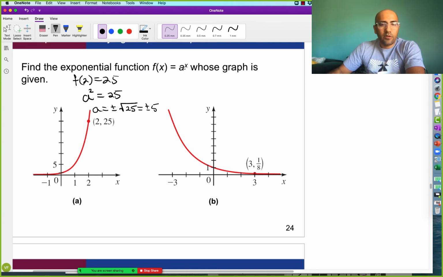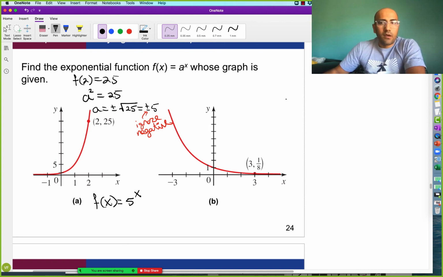But in exponents, we never allow this to be negative, so we ignore the negative. And so we get to conclude that this must be the exponential function f of x is 5 to the x power, and confirm that when we put a 2 there, it works out.